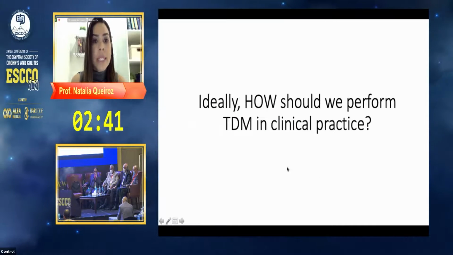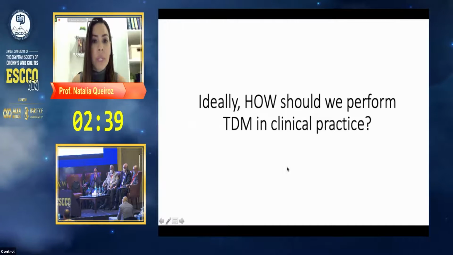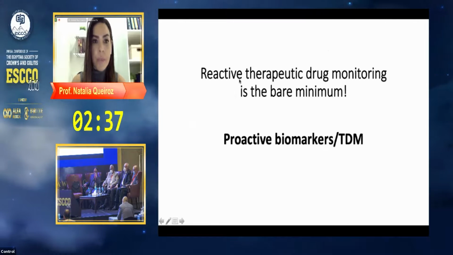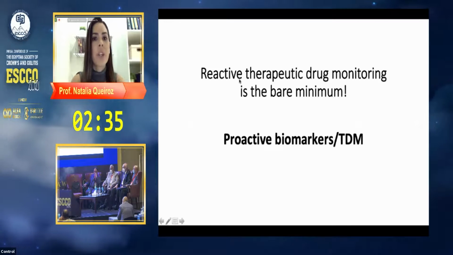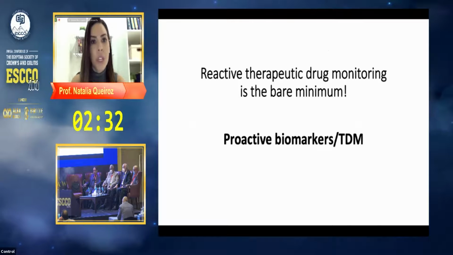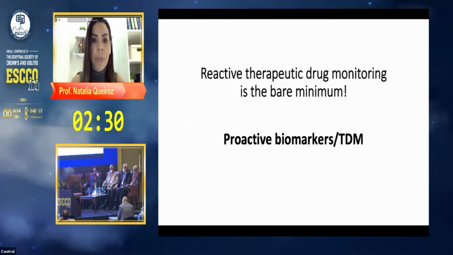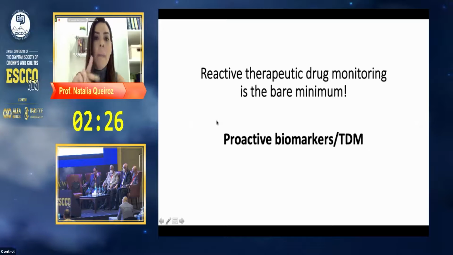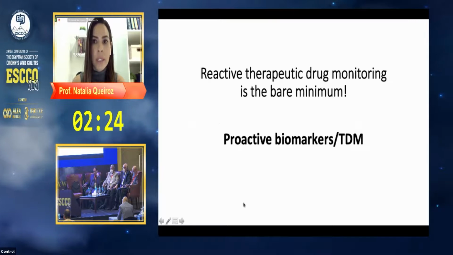So ideally, how should we perform TDM in clinical practice? In my opinion, reactive therapeutic drug monitoring is the bare minimum we should offer to our patients. But I do believe in the proactive strategies combining biomarkers and TDM.